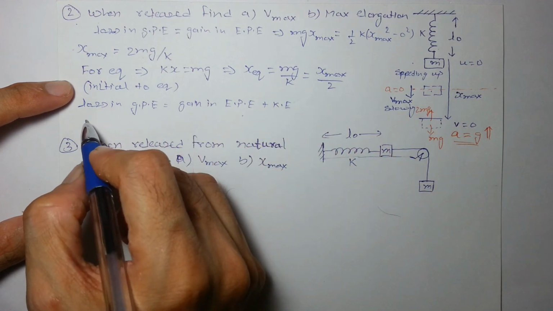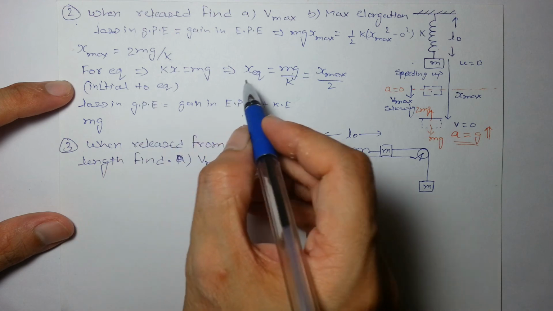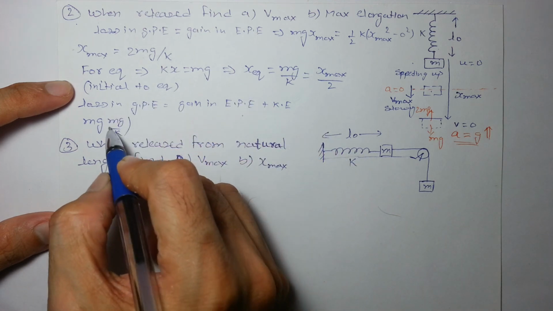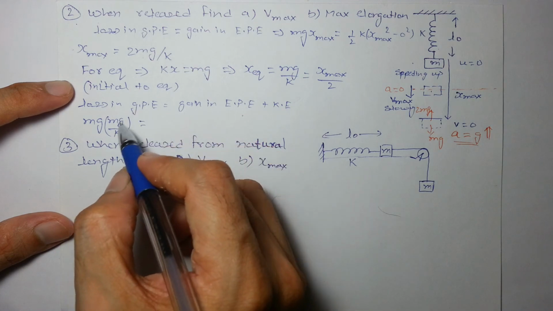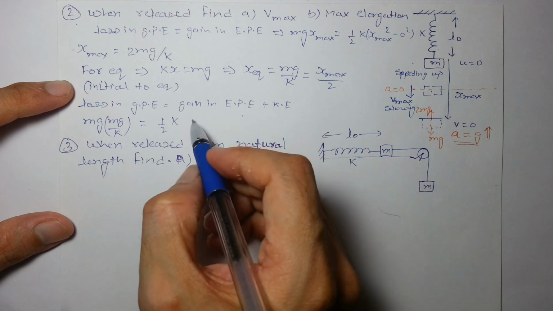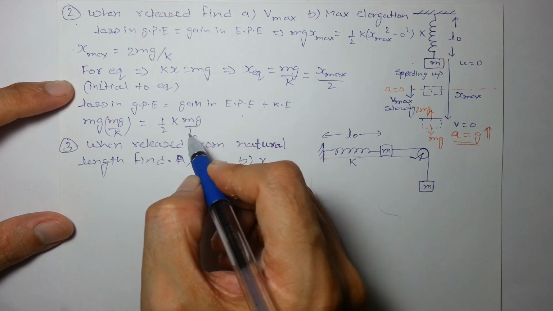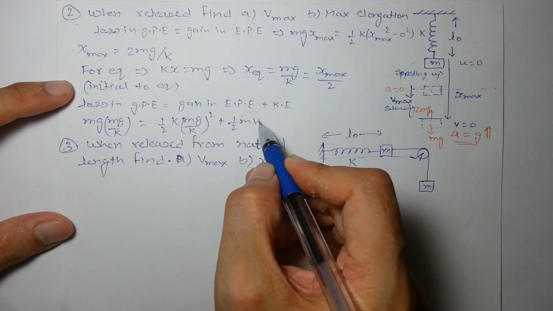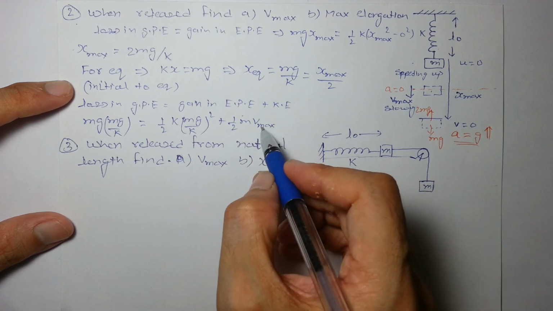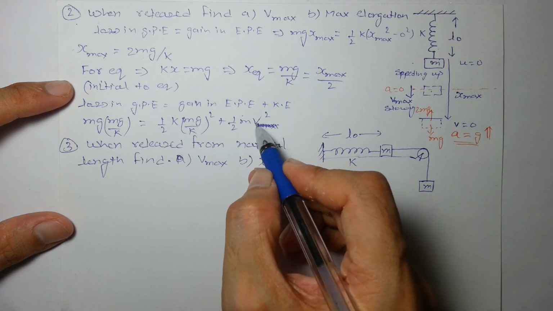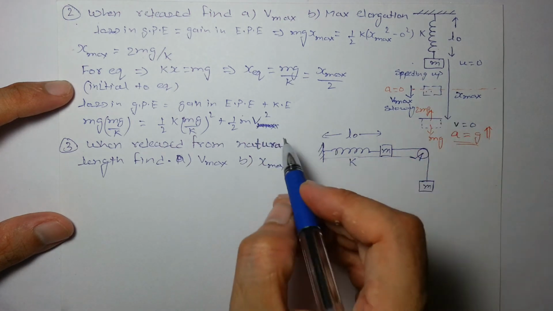So what I'll write, mg x equilibrium, which is mg by k, is equal to, this is the loss of GP, gain in EP is half k x equilibrium square, which is (mg by k) square, plus half m Vmax square. This is the maximum velocity which is at equilibrium.